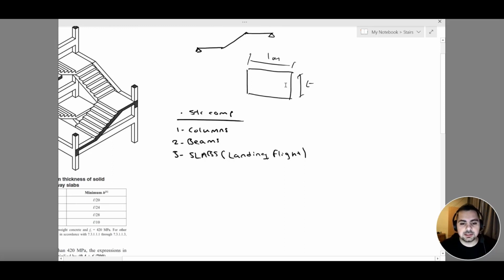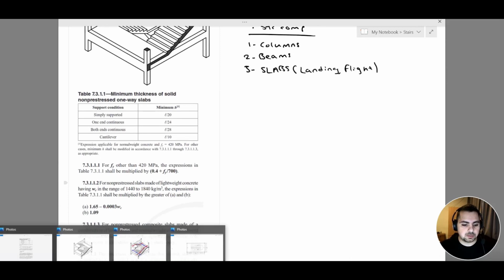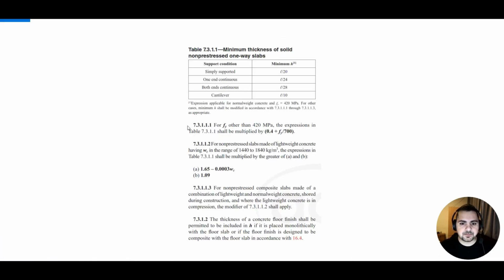Now, in order to design our staircase, we have to take specific steps. The first step we usually take is the pre-dimensioning of our structural components, basically finding the dimensions of the beam and the preliminary thickness of the slab. To find the preliminary thickness of the slab, we go to the ACI code. Let's open it here.